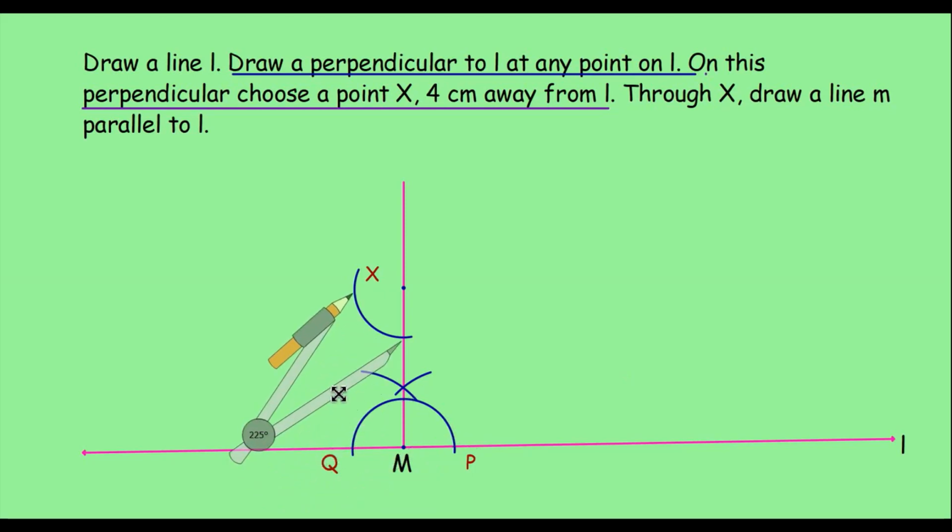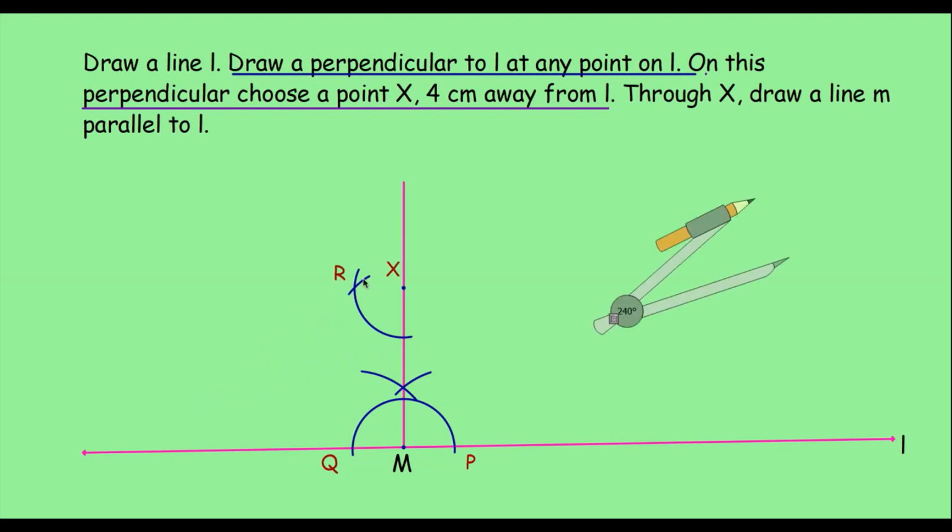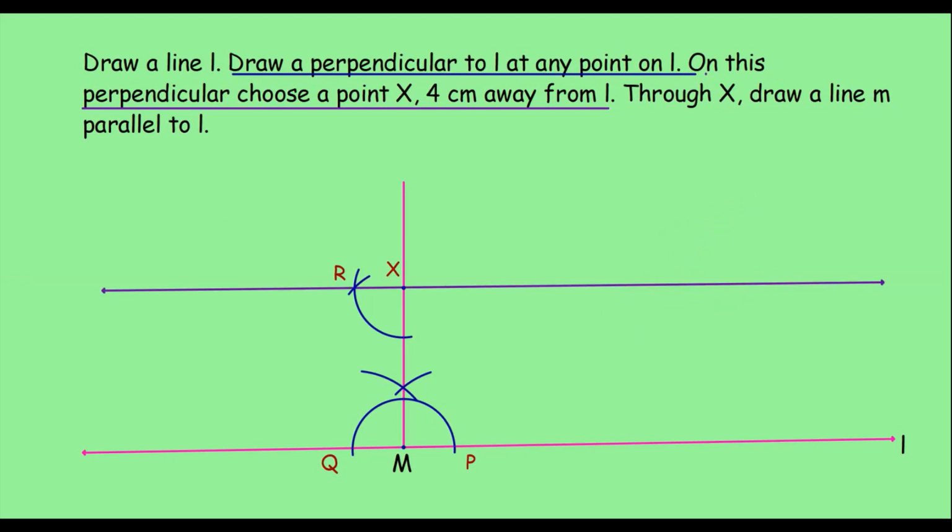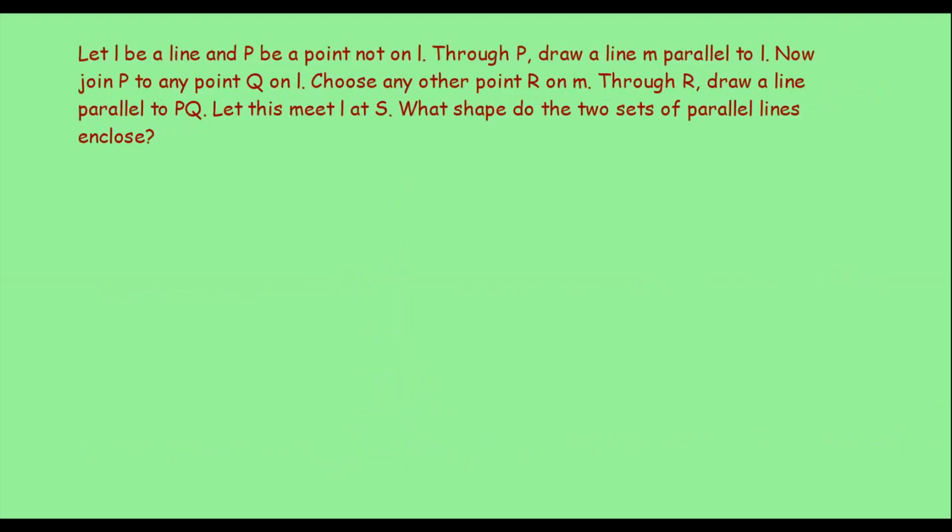Now with this intersecting point as center, just cut the previous arc. Let it cut at R. Now join XR. You will get a line parallel to L. Let the line be m. Here m is parallel to L.